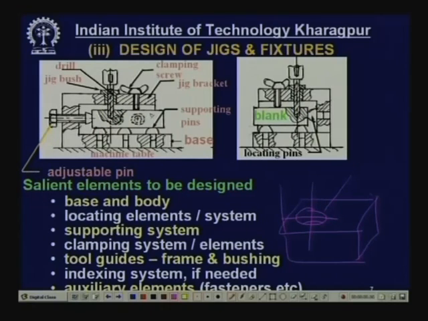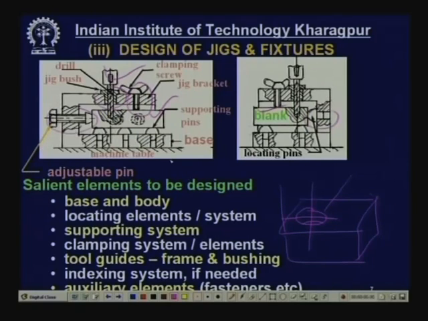So, this is the blank, on this side the side view, which is mounted on 3 supports and then located by this pin and these pins and clamped here, then the tool, the drill, is guided by the bush.